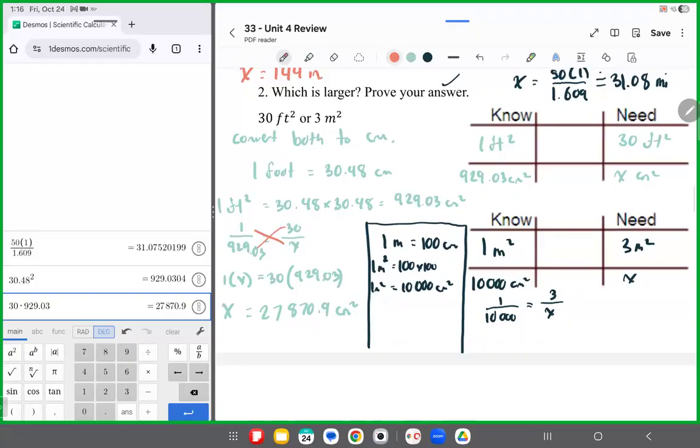Using the method of the means and the extremes, we have 1 times x is just going to be x is equal to 10,000 multiplied by 3, which is 30,000 square centimeters. And so now we can compare our two answers, and we can see 30,000 square centimeters is larger than 27,000. So that means that which is larger, 3 square meters is larger than 30 square feet.